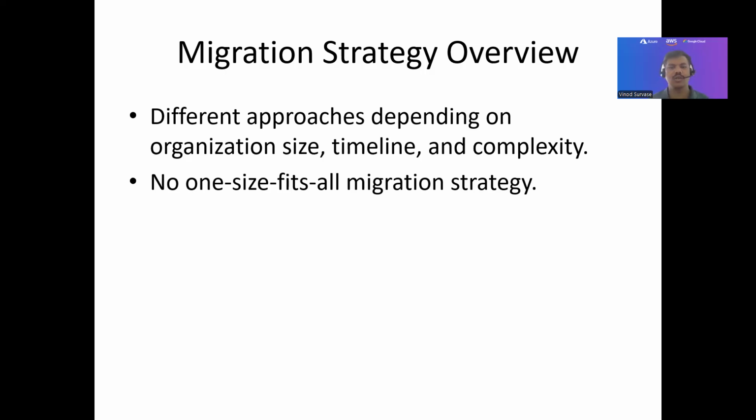For example, if you adopt tenant to tenant migration or cutover migration, or any other migration strategy, that may not fit your requirements. So you need to understand that and map it with your current infrastructure or current requirement of the organization, right? That's how it is going to be possible to take it ahead.